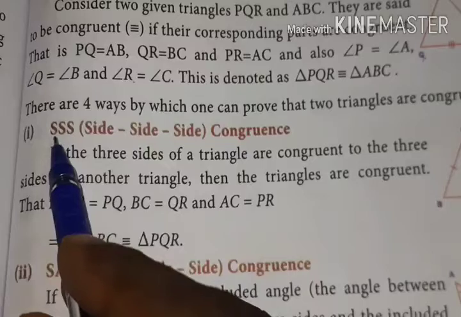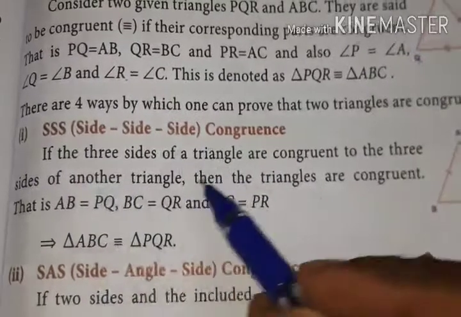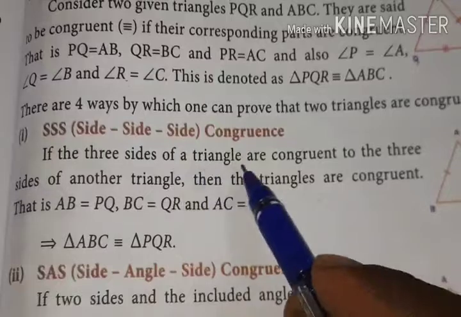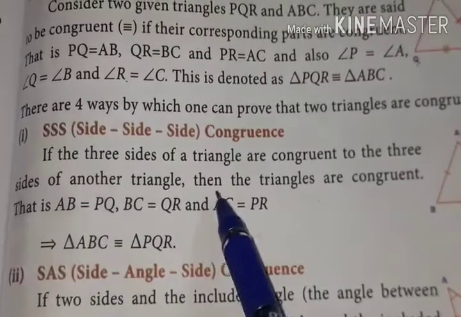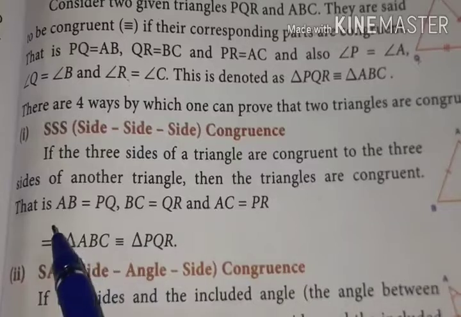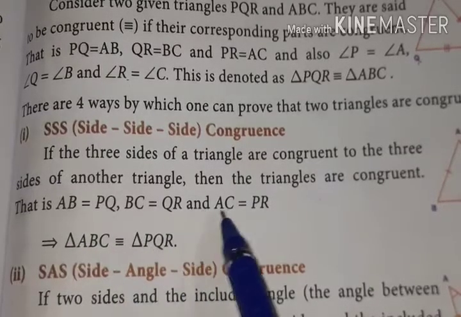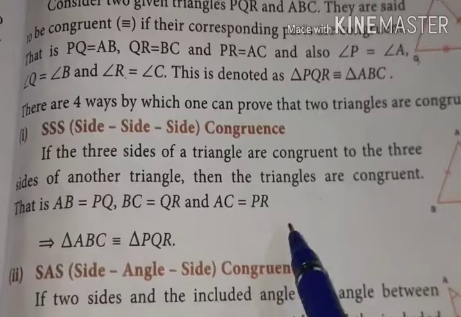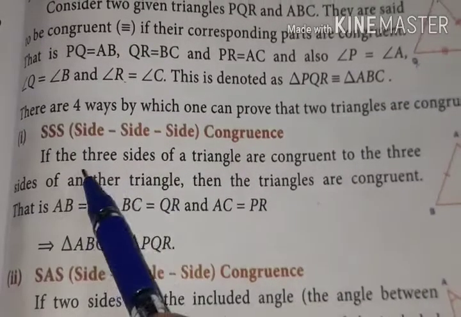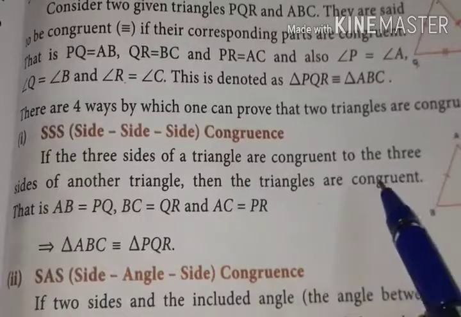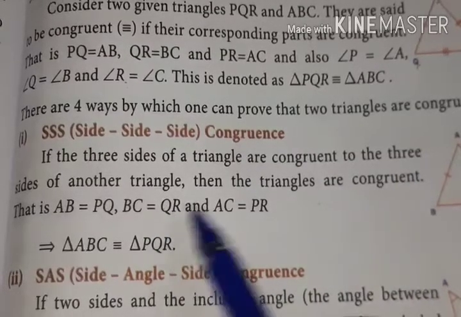Next, the SSS test: side, side and side congruence. If three sides of a triangle are congruent to the three sides of another triangle, then the triangles are congruent. If AB is equal to PQ, BC is equal to QR and AC is equal to PR.